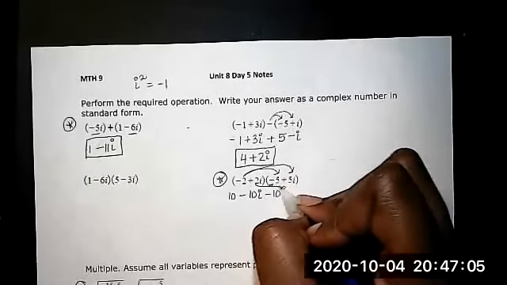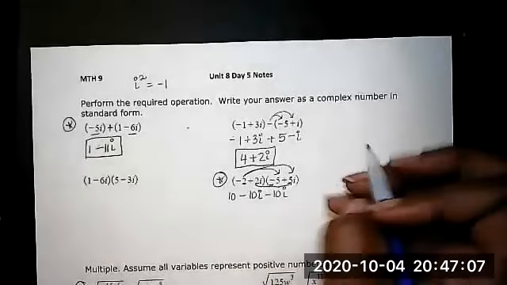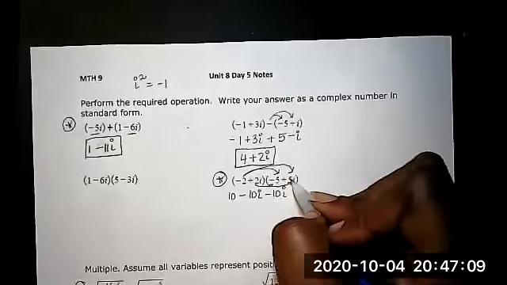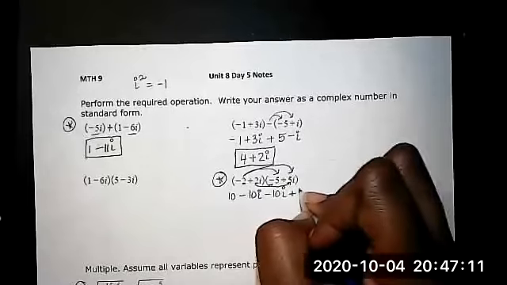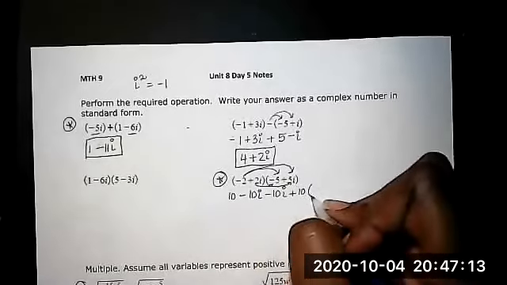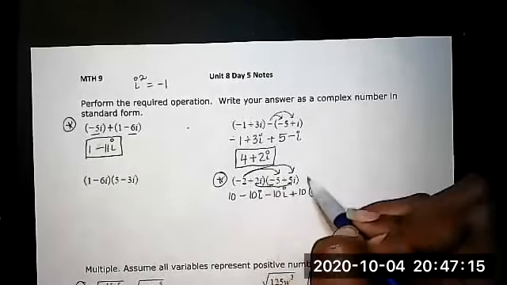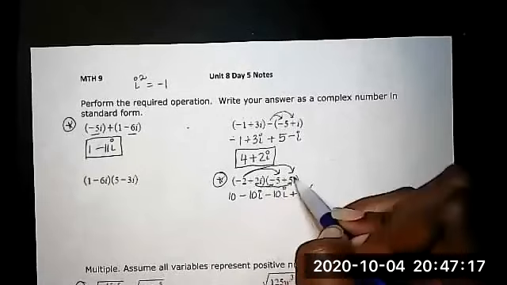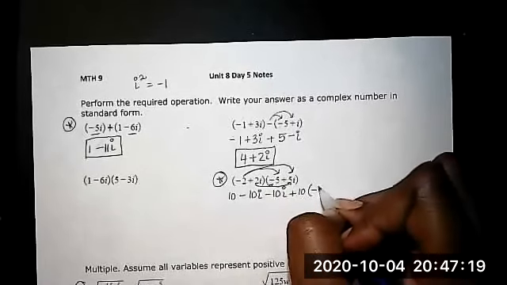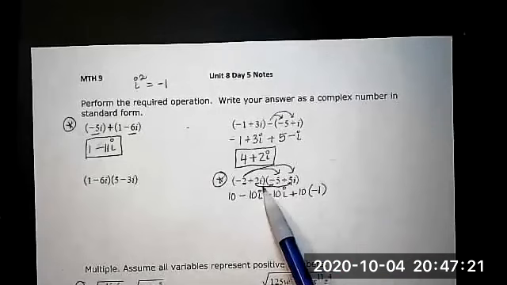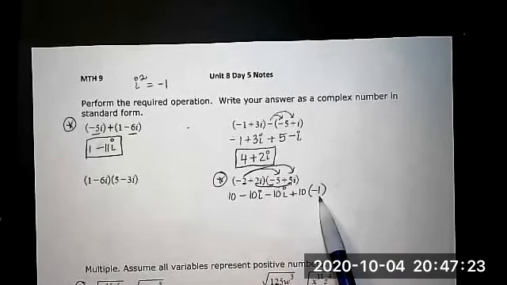And then 2I times 5I. With this one, you multiply the numbers, 2 times 5, and you get 10. But remember what I said: I times I, which is I squared, becomes negative 1. So I times I became negative 1.